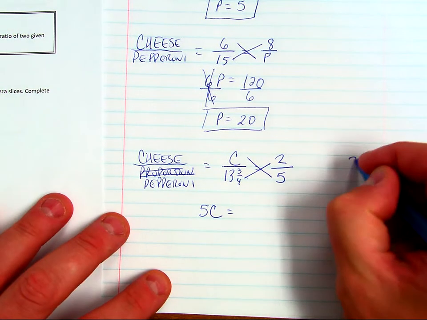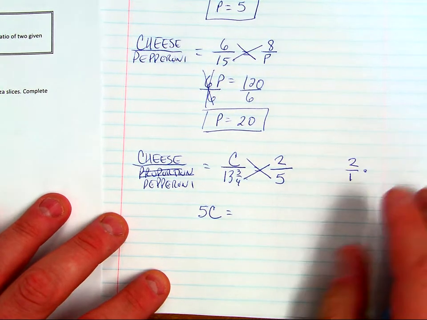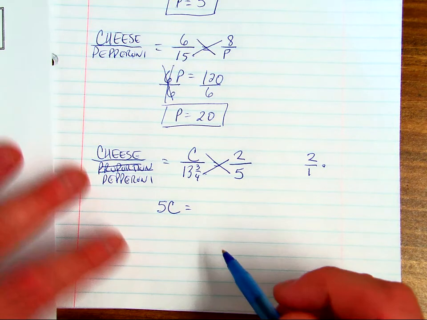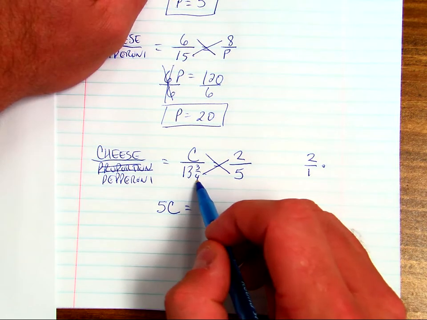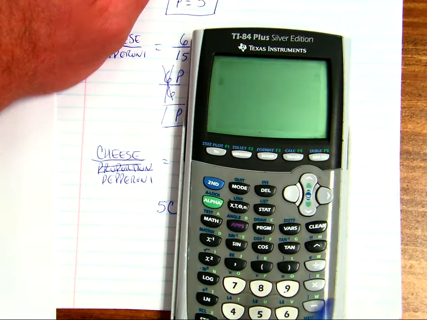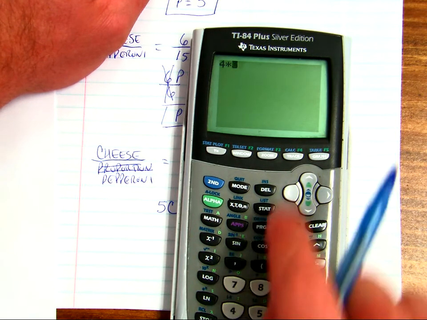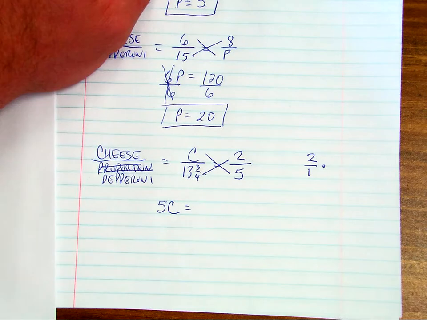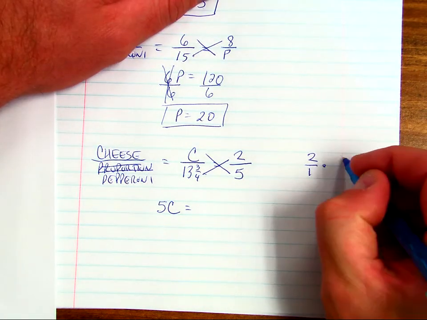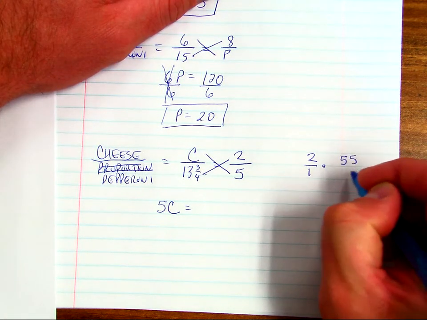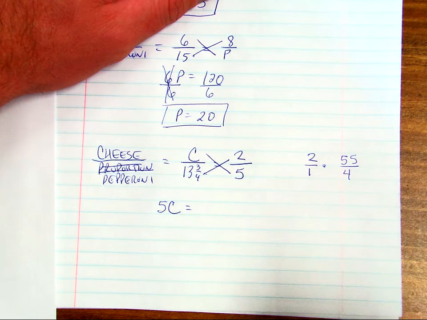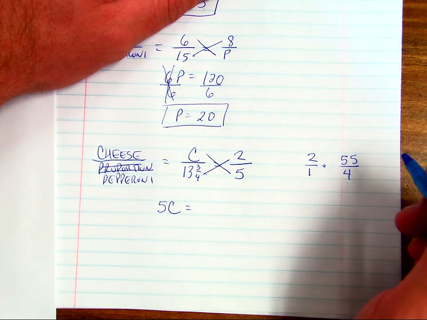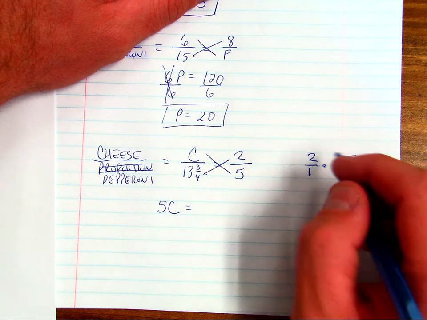Again, I'm going to use some side arithmetic to come up with 2 times 13 3/4. 4 times 13 plus 3 is 55. So I get 55 fourths. And then I have to cross reduce.